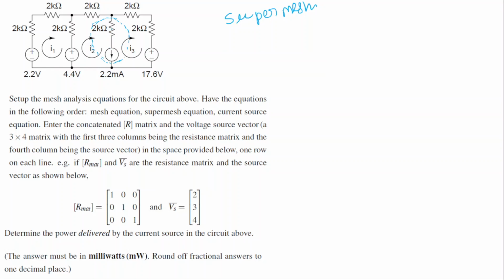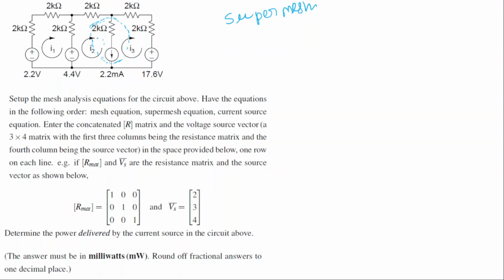So we can write this equation without going into this branch. Now let's start writing. First we will write the current for this loop.